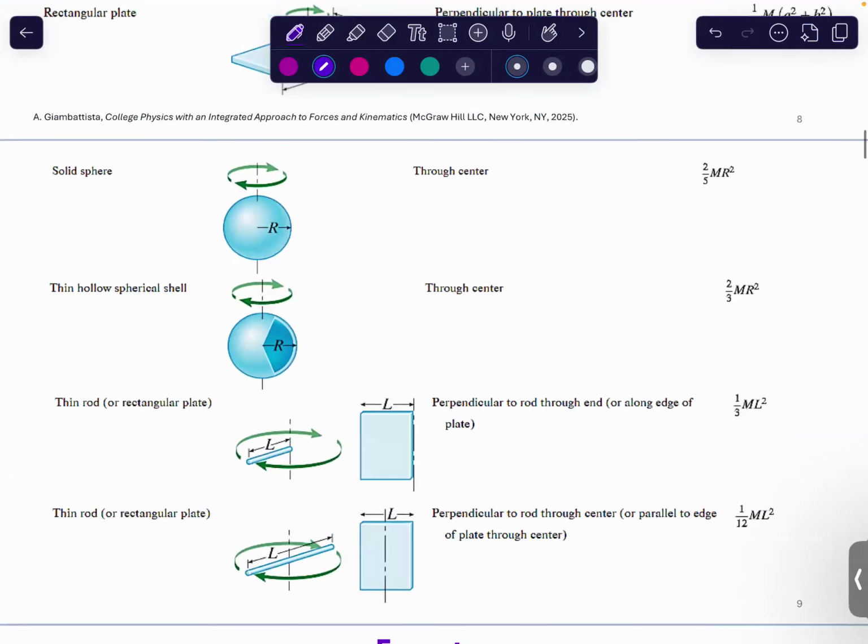Each is going to have its own moment of inertia based off the geometry. So in the future, it's probably just easiest to look up the moment of inertia. Since this is an algebra-based course, you won't be doing calculus on exams or assignments, but it just shows you that we don't just pull stuff out of thin air. All of this stuff comes from somewhere.